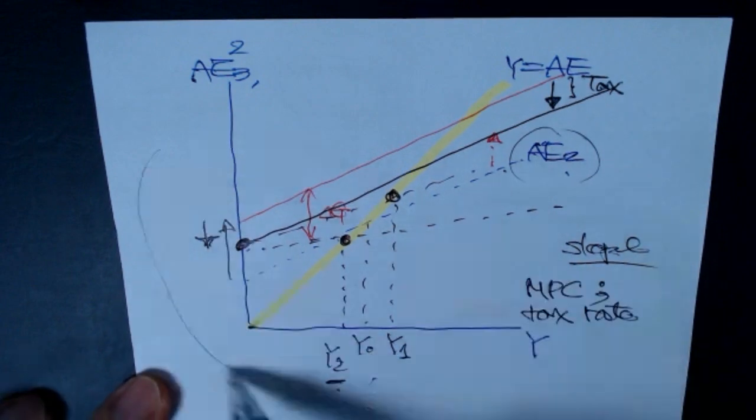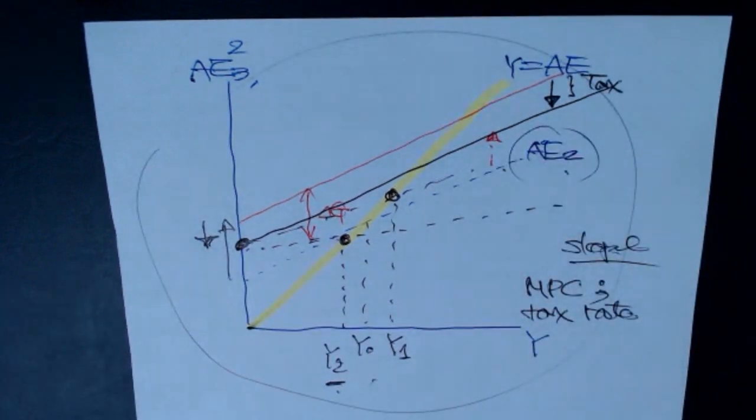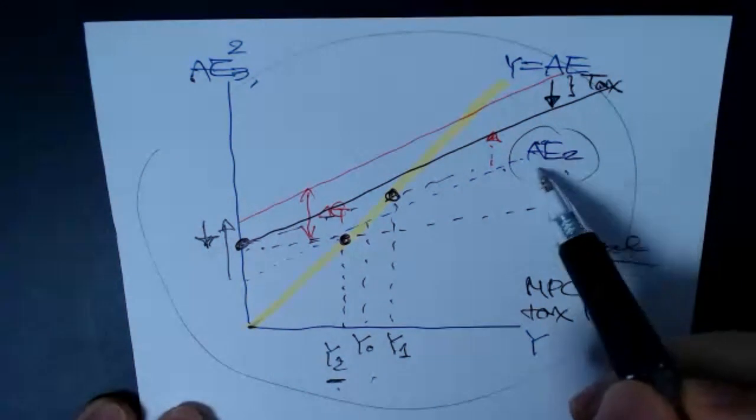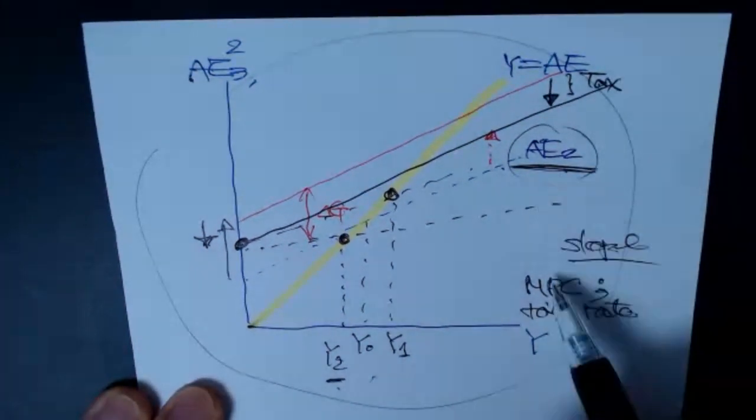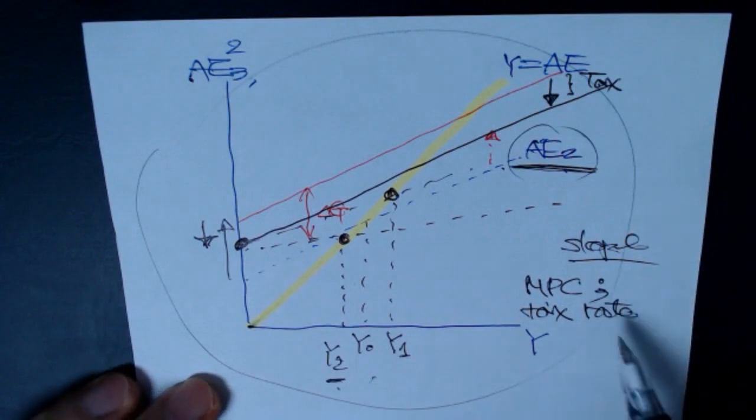Okay, so I hope you have some clear idea about the impact of having government. So I just mentioned that the slope of aggregate expenditure 3 is always smaller than aggregate expenditure 2. I will show you. Okay. This one contains a numerical calculation, so please pay attention to this.